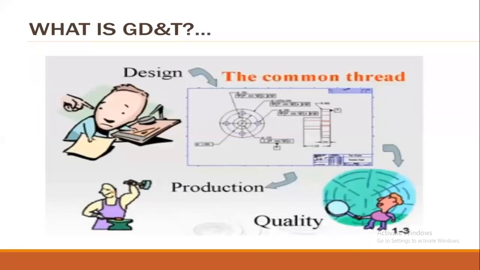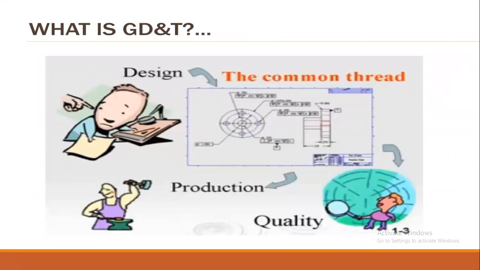Then, where do we use GD&T? During production, design, and quality, we require GD&T. If you create any error during design, your production and quality will be affected.